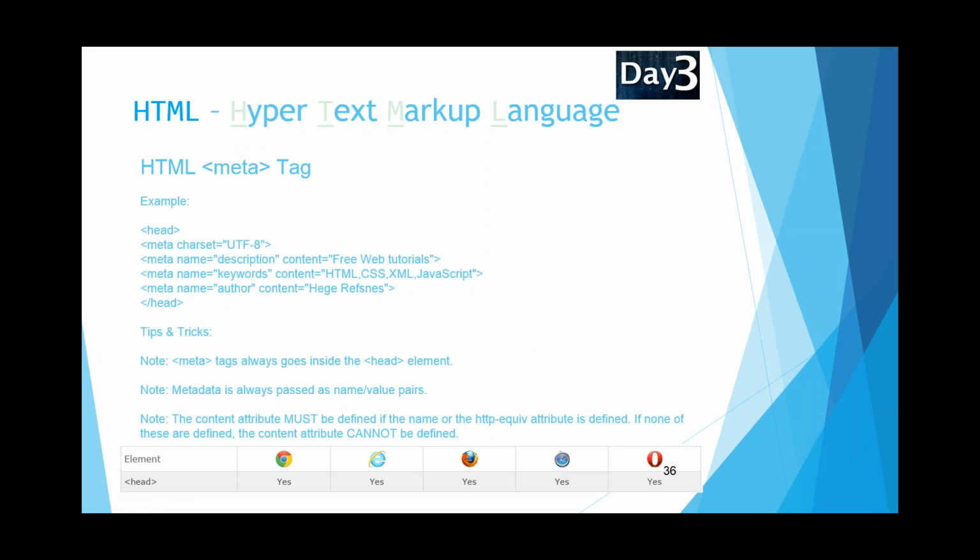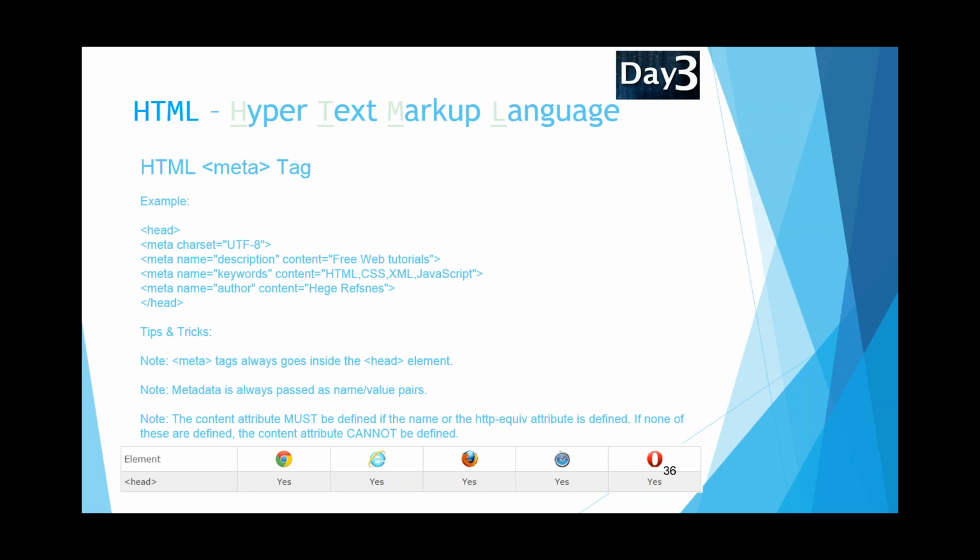One meta tag is used to define what charset is used on your web page, and the second one is used to describe the content of your page. The third one is keywords, that defines the different keywords repeatedly used, the most used keywords on your web page.